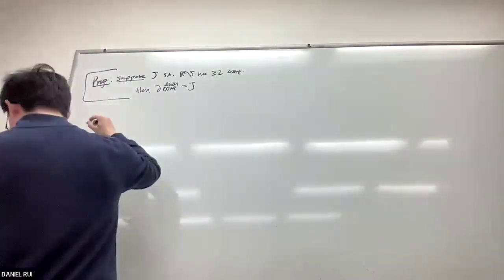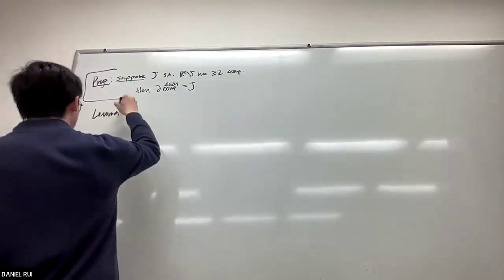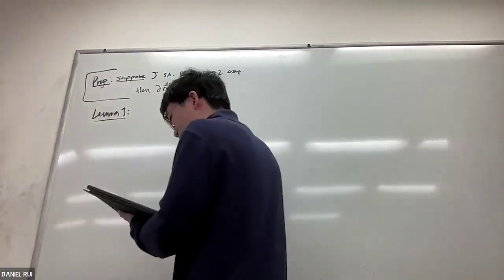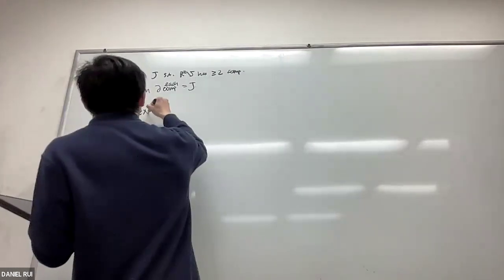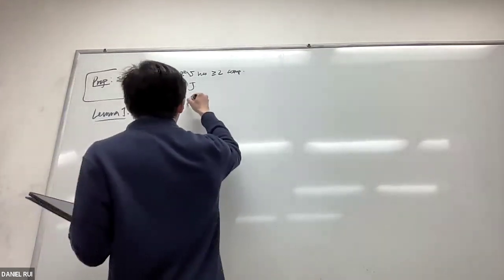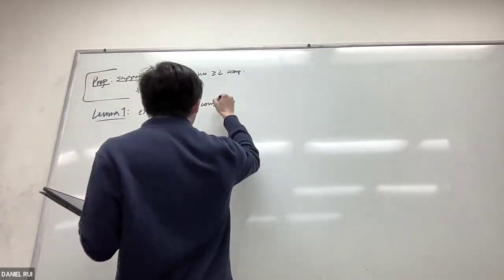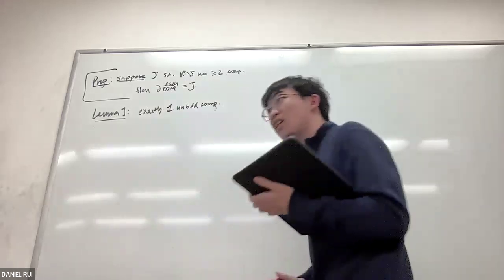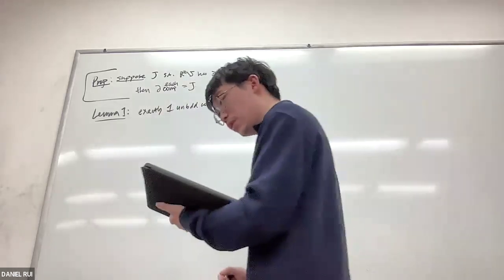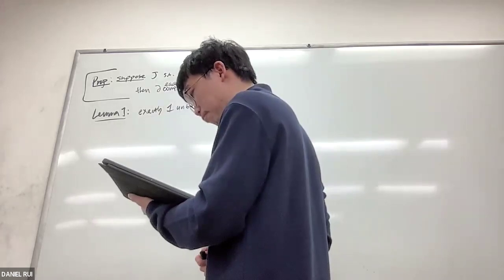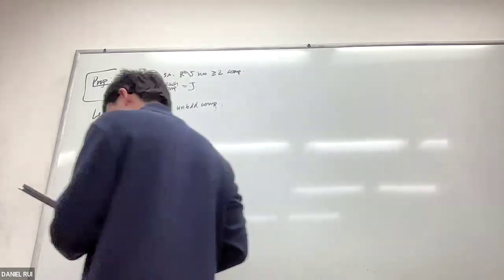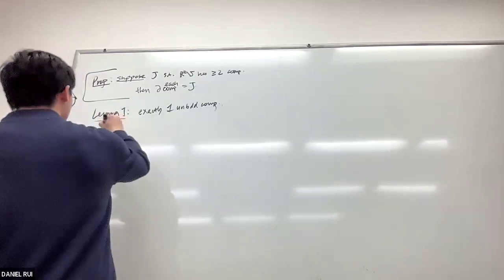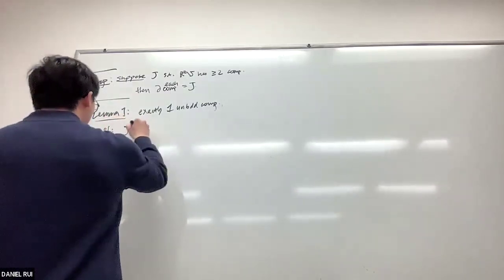So let me do a preliminary claim, lemma 1, let's say. There is exactly one unbounded component. Why is this true? This is because J is bounded.